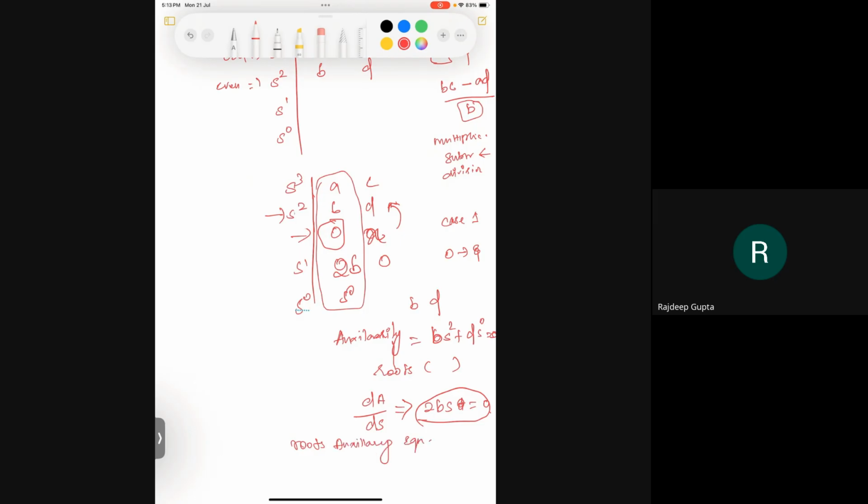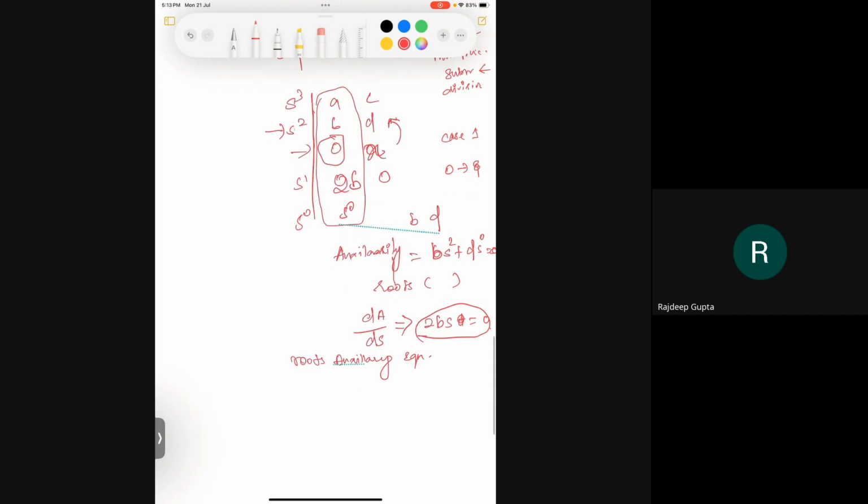The roots of the auxiliary equation will always be on the imaginary axis. Imaginary poles occur every time in pairs. It won't occur like only 2j or minus 2j. It will occur as plus or minus 2j. So you have to see whether this is a single pole pair or multiple pole pairs at the same location.